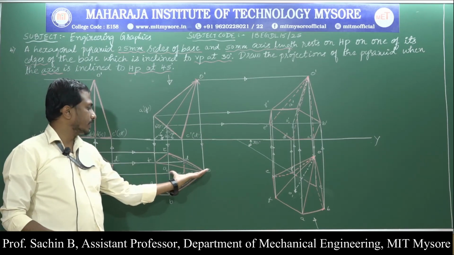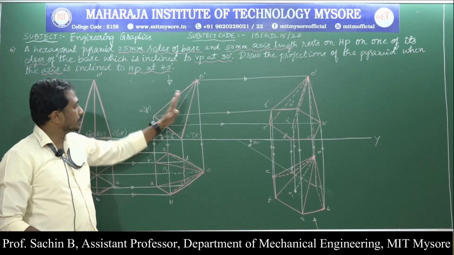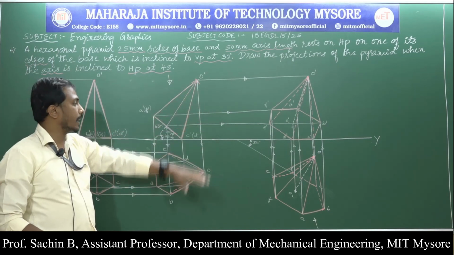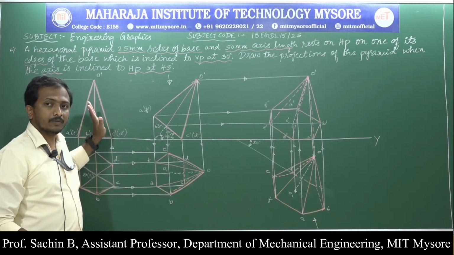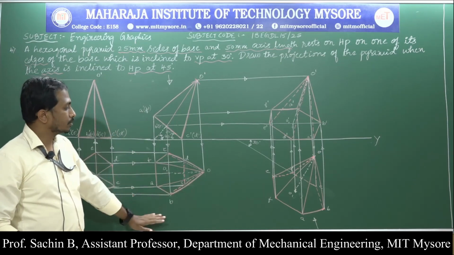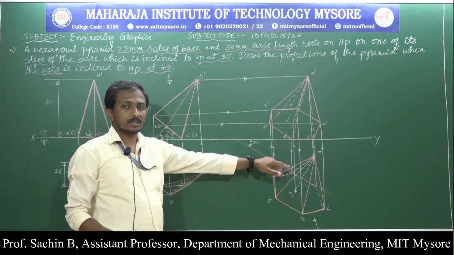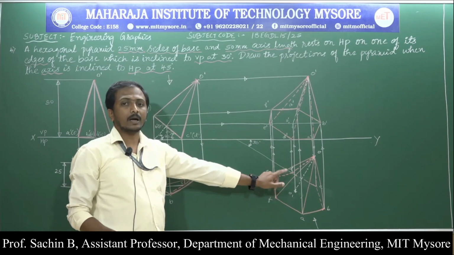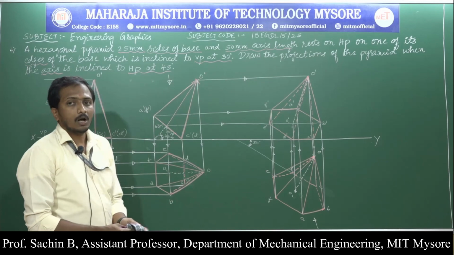But when it comes to the second case, the axis length will change, because in the second position front view the object is tilted to the given angle. Based on that, the length is not the same for us from the first position to the second position, due to which we are finding out the beta angle in the last case. That beta angle is nothing but the apparent inclination. By using that apparent inclination we are constructing the last position.